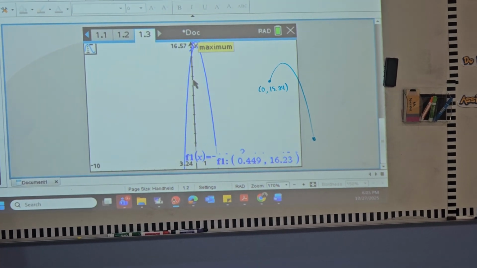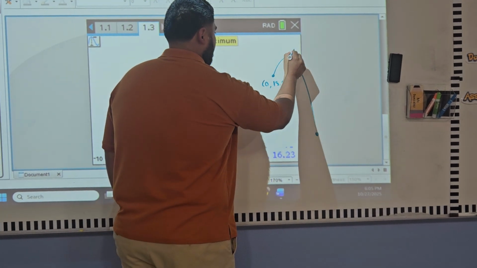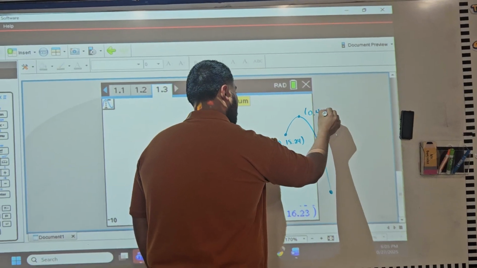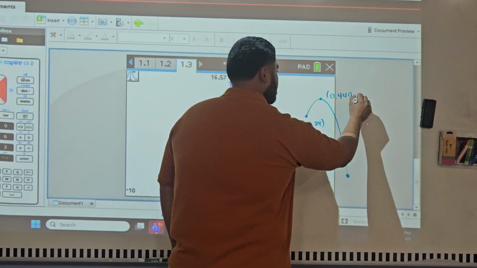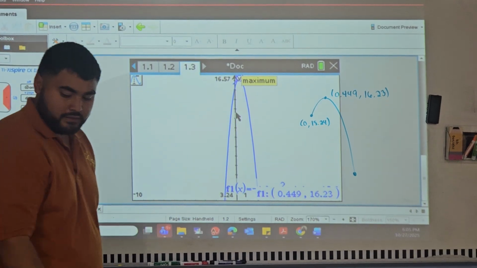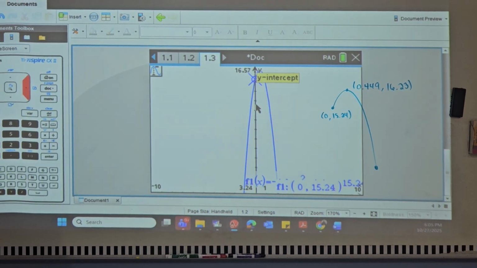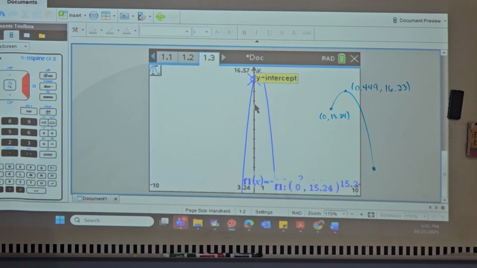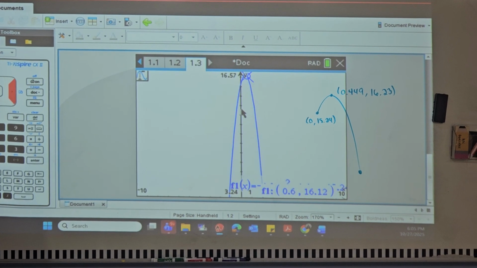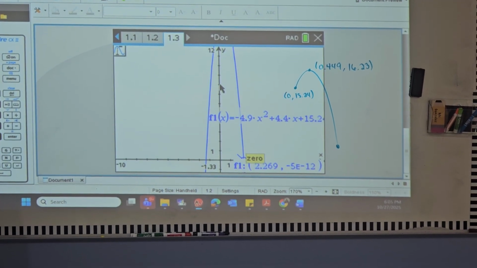I also care, just to play it safe, about the maximum. My maximum is 0.449, 16.23. And then logically thinking, if we're modeling this scenario, our job is to throw the ball up as high as we can, and then from up, it's gonna go down until we hit ground level.